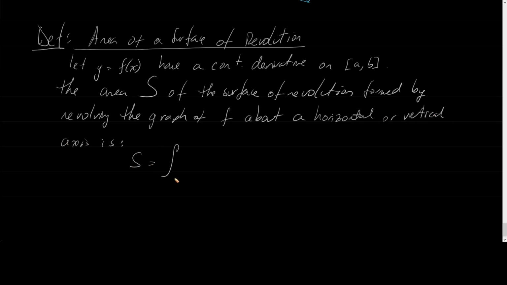S is equal to 2 pi times the integral from a to b of r of x times the square root of 1 plus f prime of x squared dx. Sorry, I missed something out here. All right.